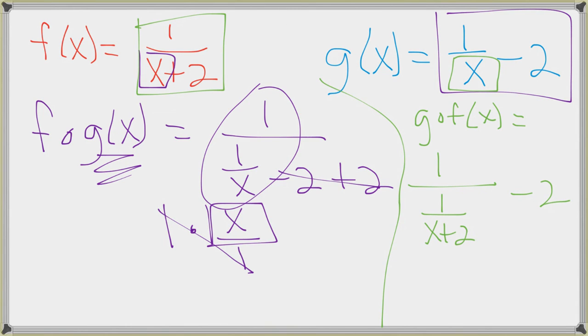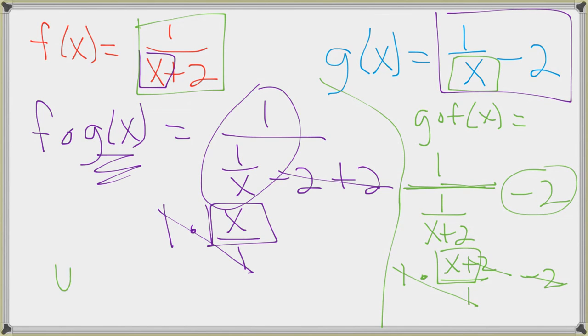When we divide, keep, change, flip. So that fraction that's on the bottom, I turned it over. The 1's cancel. So I have x plus 2 minus 2. Well, what happens to plus 2 minus 2? They cancel. What's left? Just the x. What does that mean? That means that f of x and g of x are inverse functions.